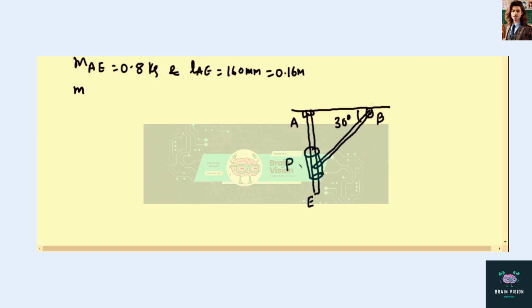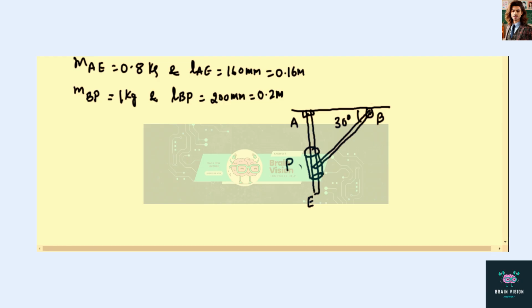The mass of rod BP is 1 kg and its length is 200 millimeter, that is 0.2 meter.